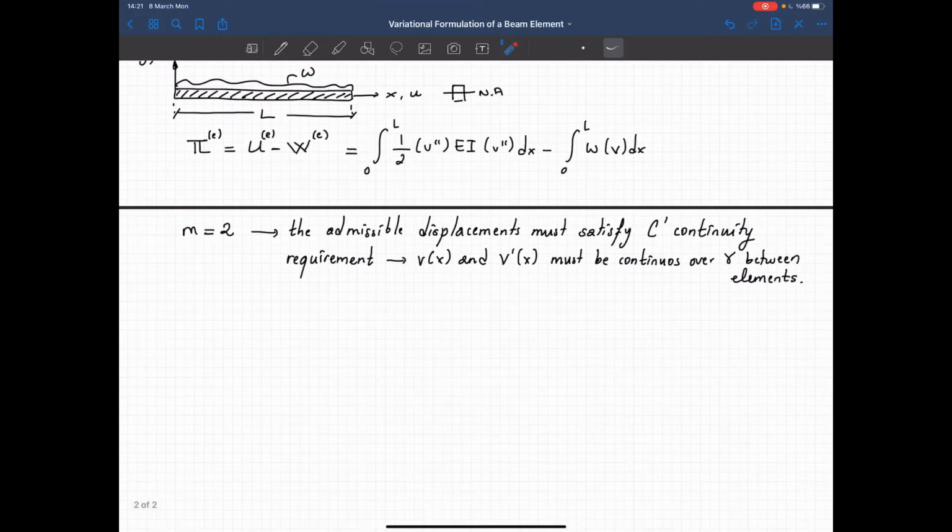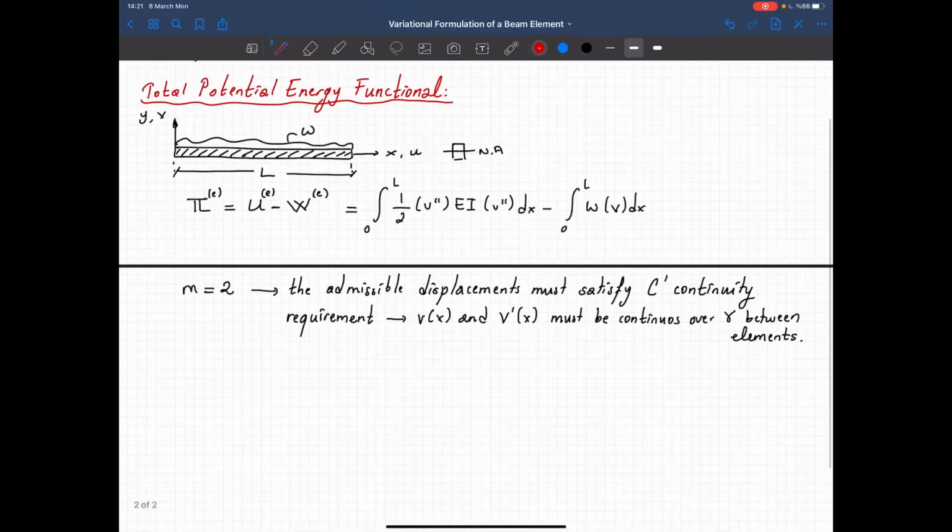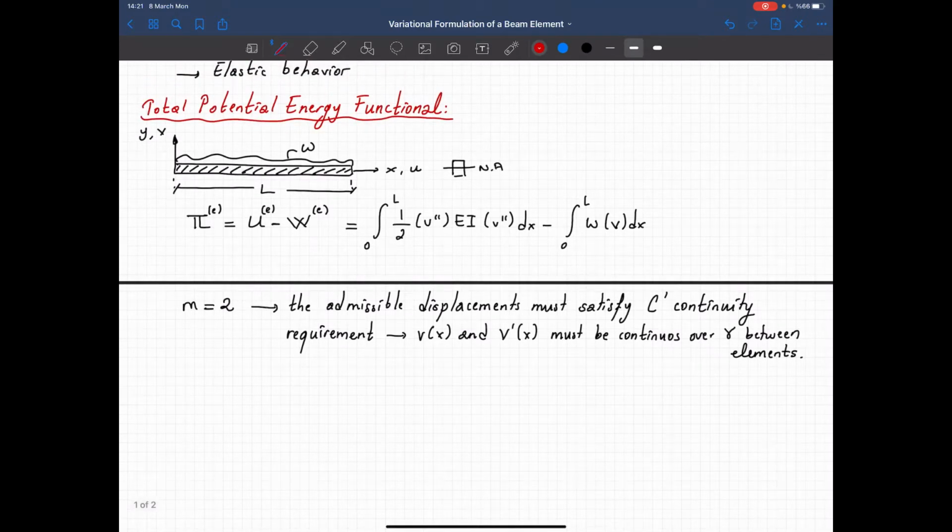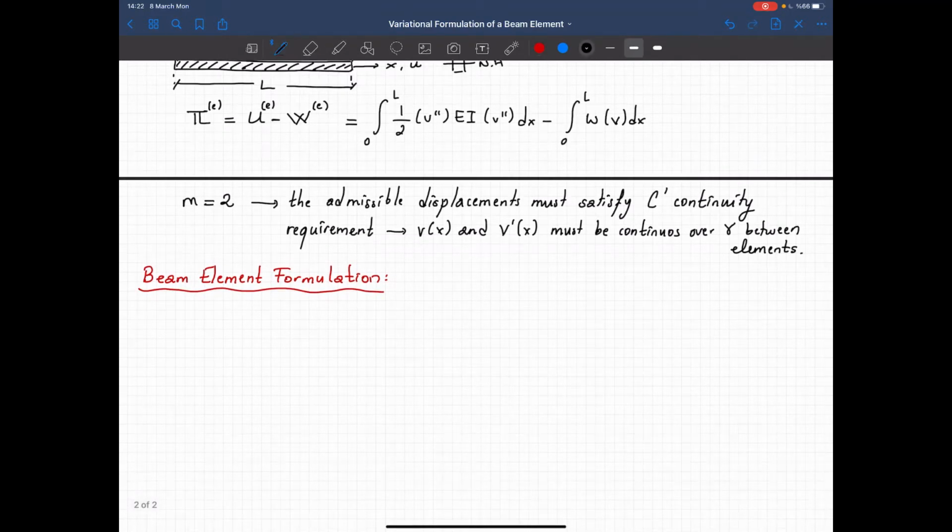Okay, so let's define our beam element. So I will be defining the beam element again with two nodes, a start node I and an end node J. That's the x-axis and u.